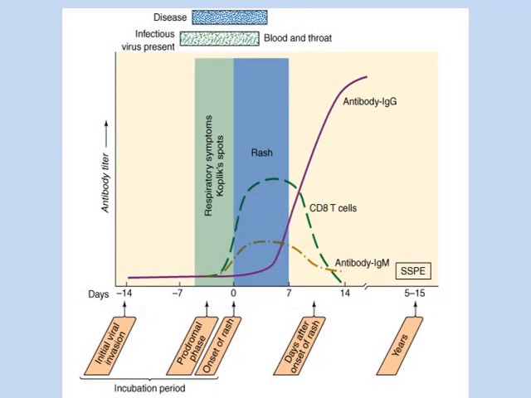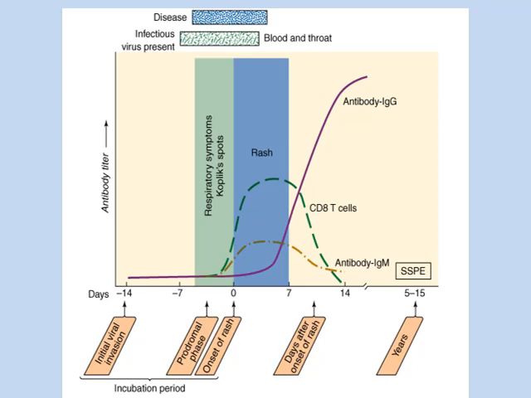This picture shows the development of the disease. Day 0 is the onset of rash. Before it, 7 days before, there will be prodromal symptoms, could be fever, and the incubation period is 1 to 2 weeks.